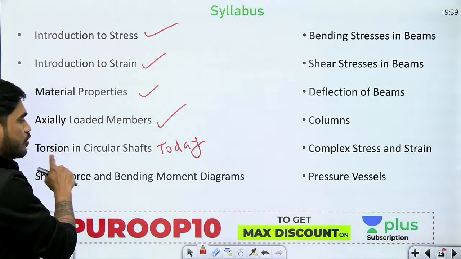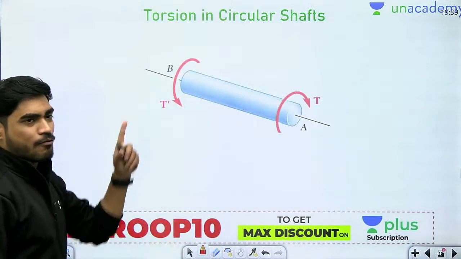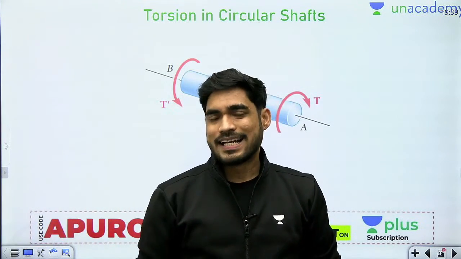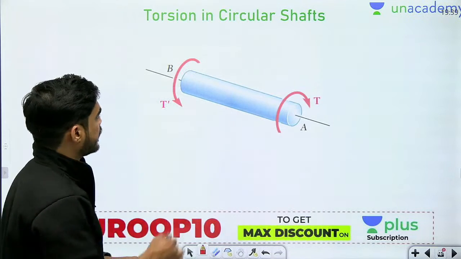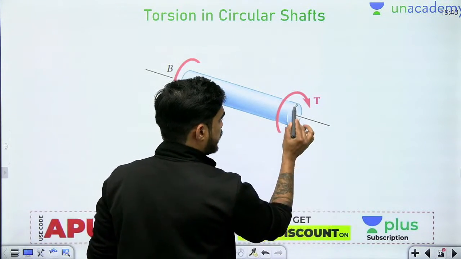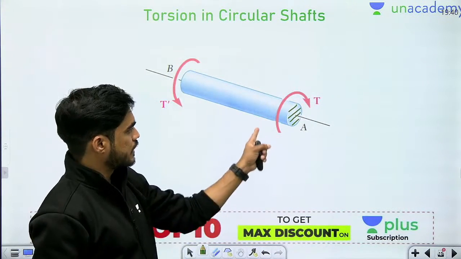So let's start with today's lecture, torsion in circular shaft. Okay. So beta, what do we mean by torsion? Torsion means twisting moment. It is a moment acting about the normal axis. You can see that this is the normal axis of the cross section, right? This is the cross section. This is the normal axis of the cross section.